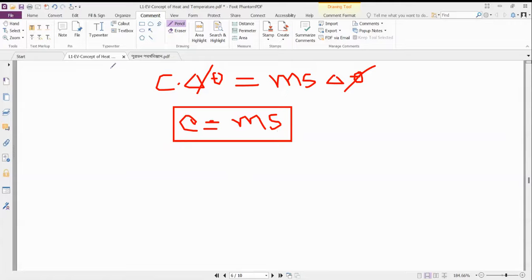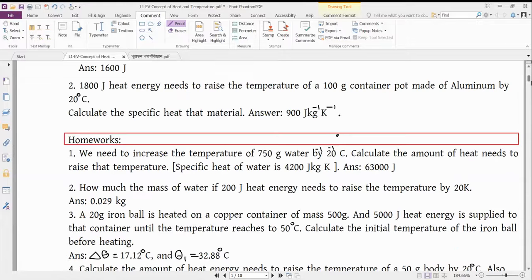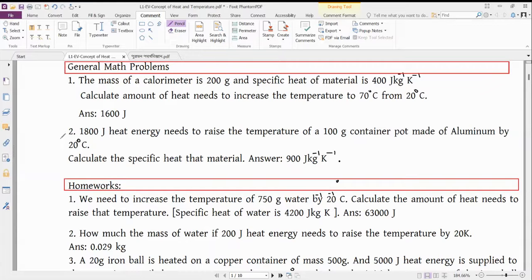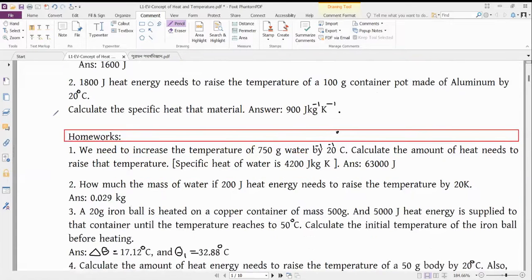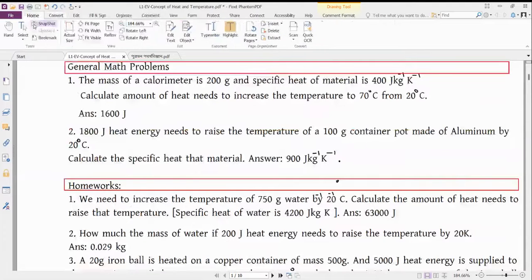Okay, so the last example I'm going to show.